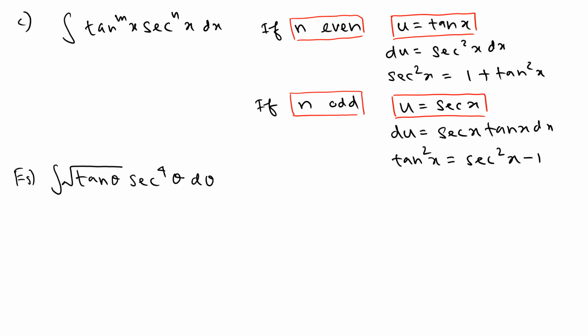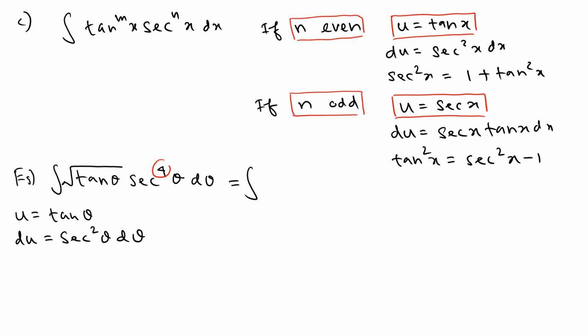So you can see we have a 4, which is even. That means we pick u equals tan theta, and du equals secant squared theta d theta. That's the derivative, so we pull the secant squared term out of the integral for the derivative part.